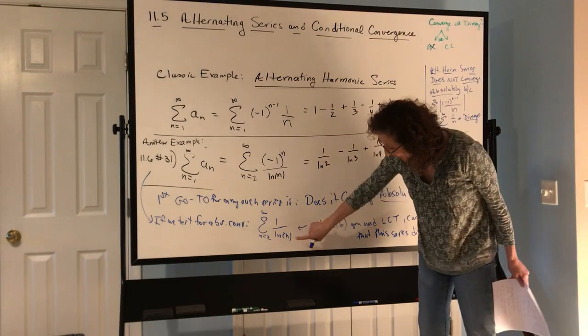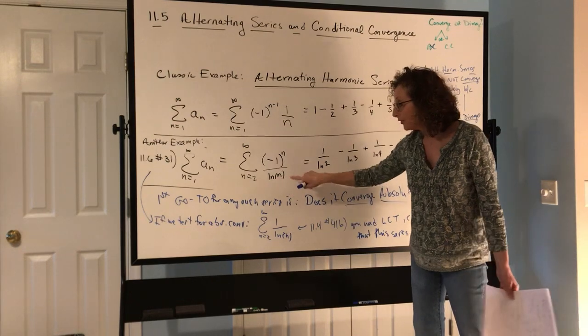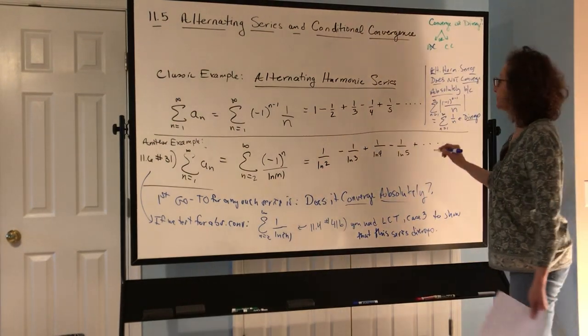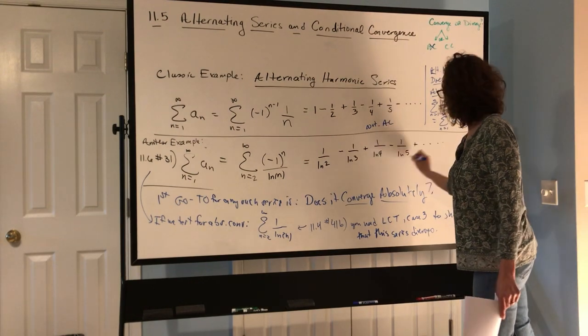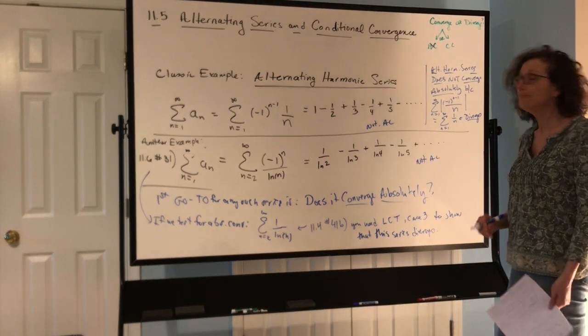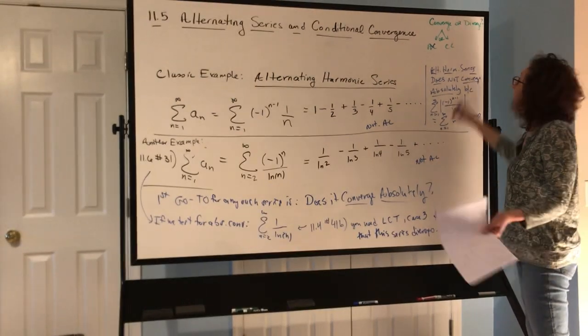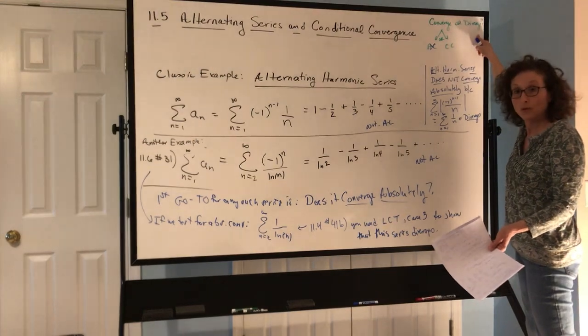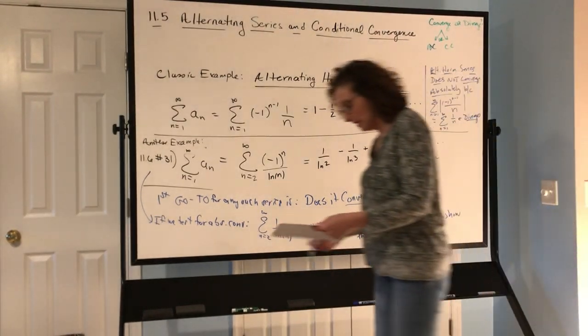So when we change all the negatives to positives, that series diverges, and therefore this one is also not absolutely convergent. So this guy's not absolutely convergent, and this one is not absolutely convergent either. But we can't say that it diverges. It still could converge conditionally, or it could diverge. So we need another test.